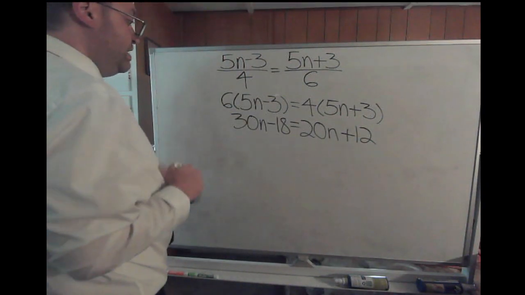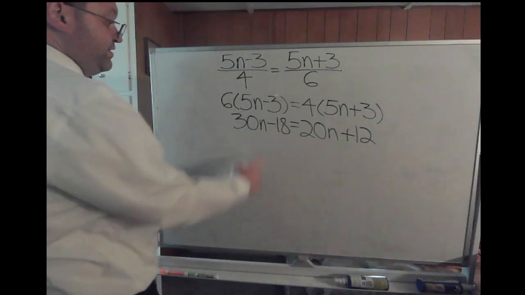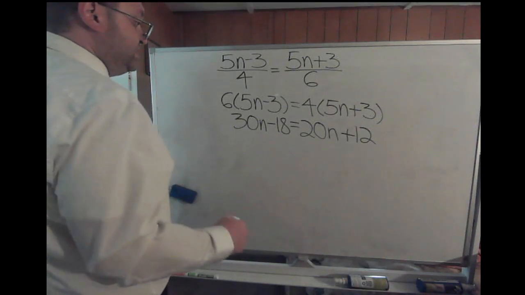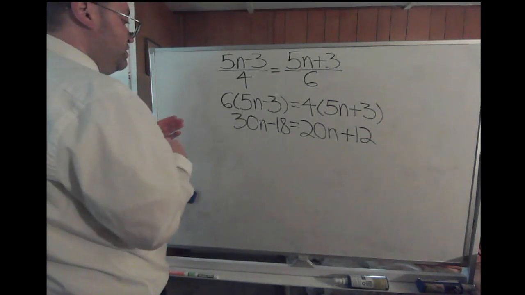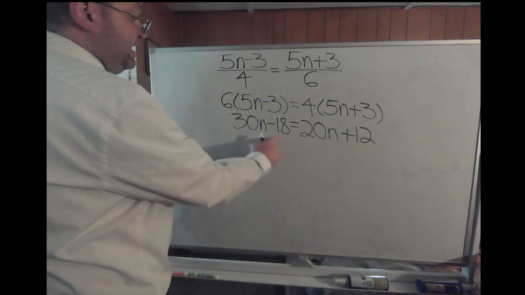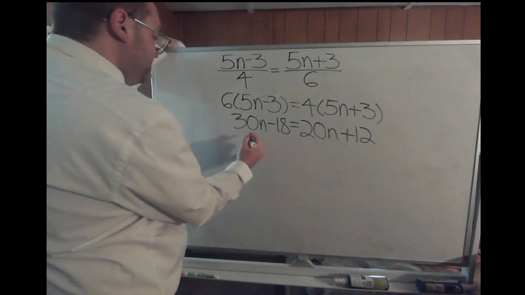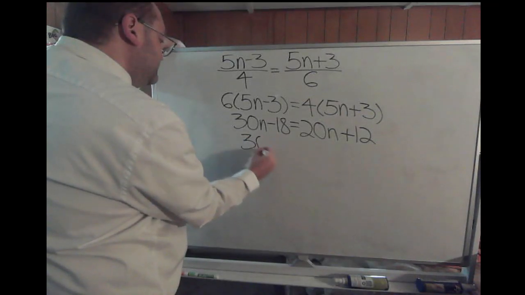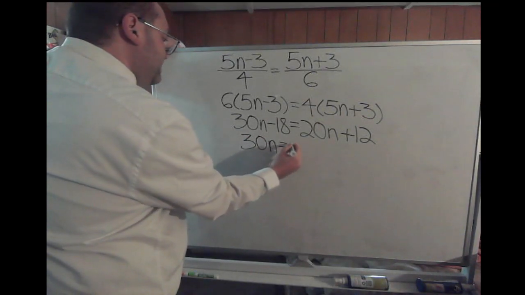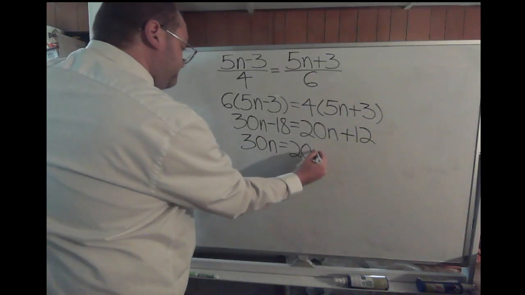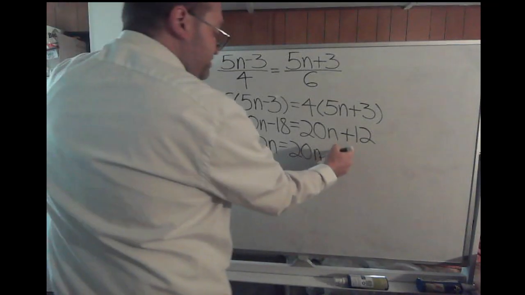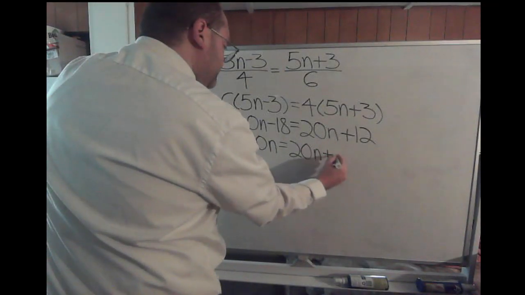Well, safe to say we want to get the 30n by itself on the left-hand side. So, we have the minus 18, we need to add 18. If we add 18 to the left side, you just get 30n by itself. That'd be equal to 20n. Then you have plus 12 plus 18, that'd be plus 30.